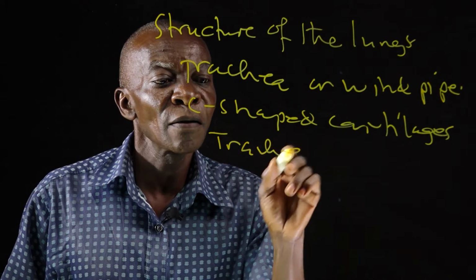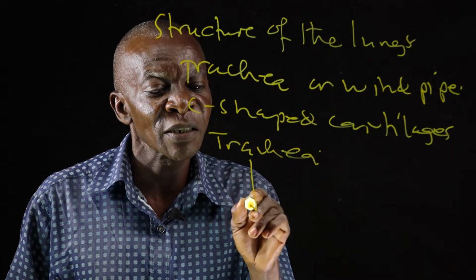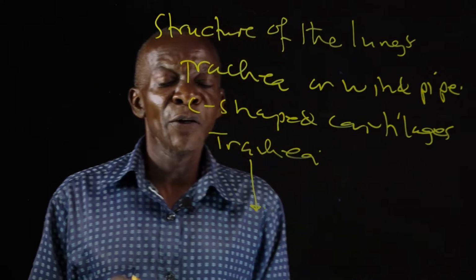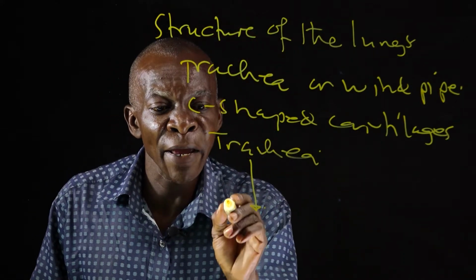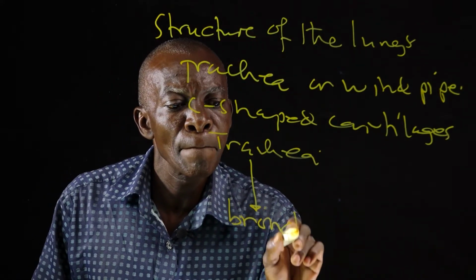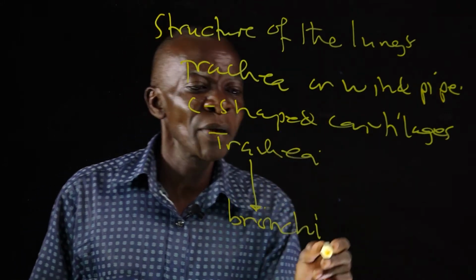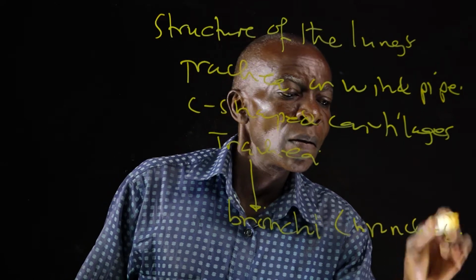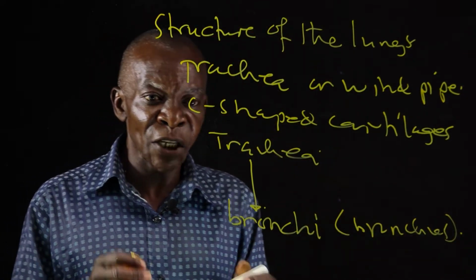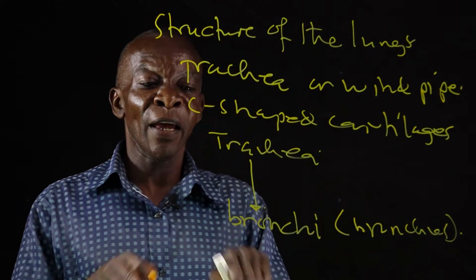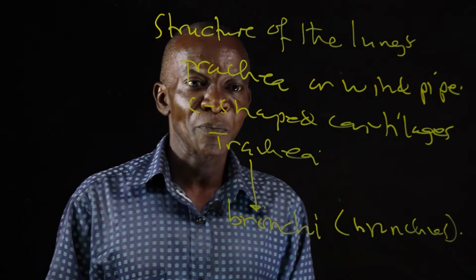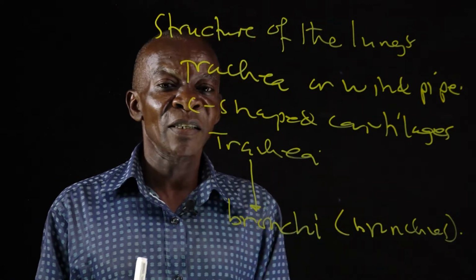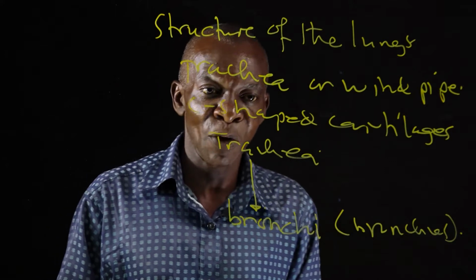Now, this trachea, as it goes down before entering into the lung lobe, branches into two bronchi. One being a bronchus, two bronchi. Each of these two bronchi enters the lung lobe.